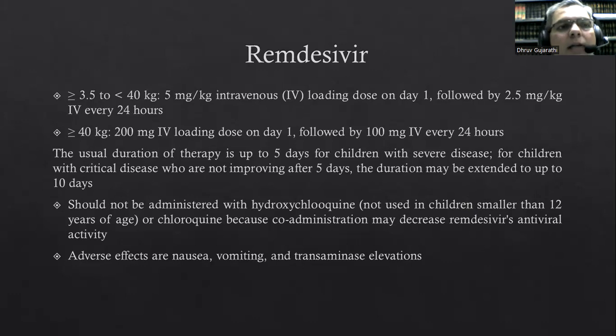From the second day on it should be 2.5 mg per kg, which we call the maintenance dose, for 5, 7 or 10 days. For children above 40 kilos, they should be administered the adult dose of 200 mg as loading dose on day 1 and 100 mg from day 2 to 5 or day 2 to 7 or day 2 to 10. Once a day again.